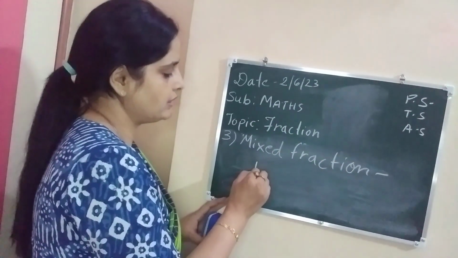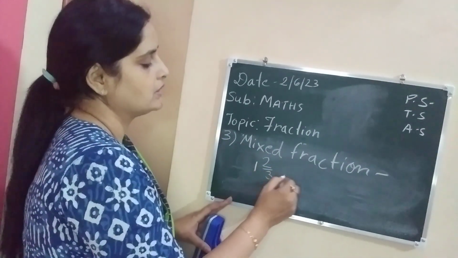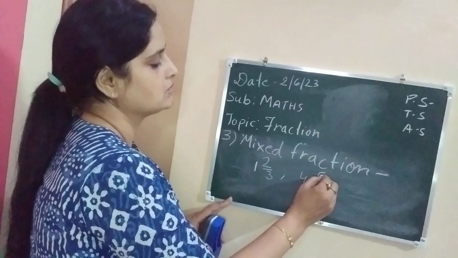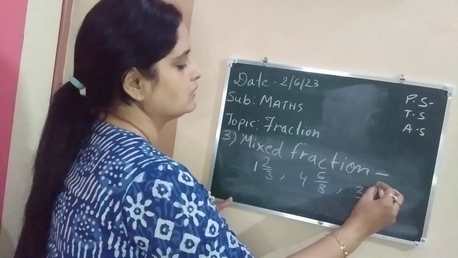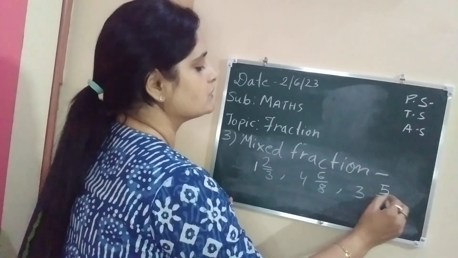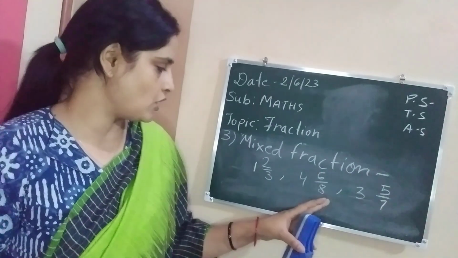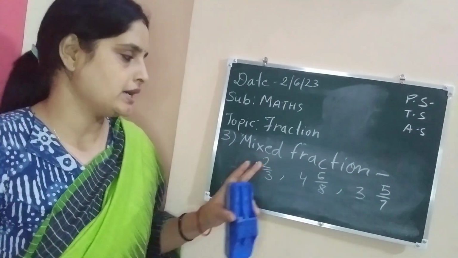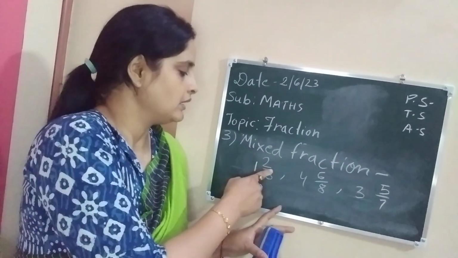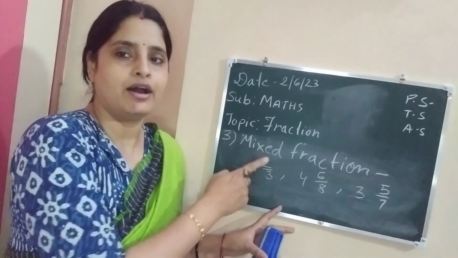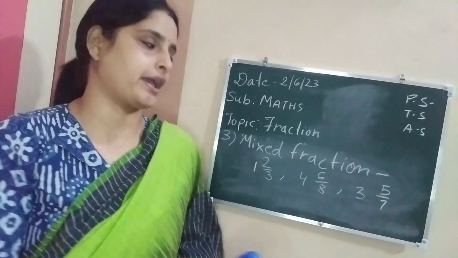Like 1, that is the one whole number, and the fraction 2 upon 3, 4 upon 6, 3 upon 8, 5 upon 7. So these are examples of mixed fraction. In the mixed fraction, we have one whole number and one unlike fraction. So these are the three types of the fraction.